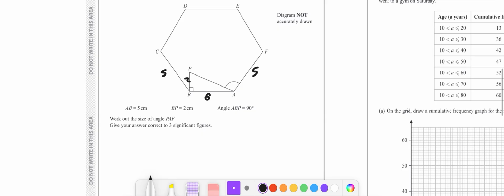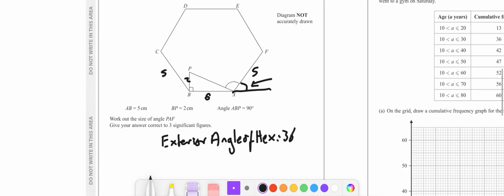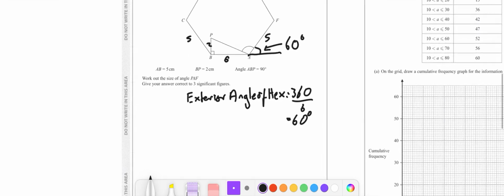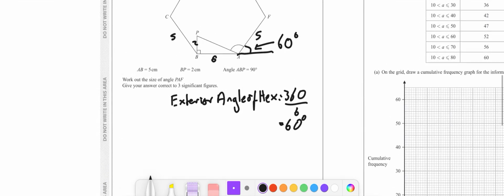I know that this is a hexagon, and I know that the exterior angle of a hexagon, because they're all equal, is 360 over 6, which is 60 degrees. So I know this must be 60 degrees. I've then got this triangle here to be able to work out this one.